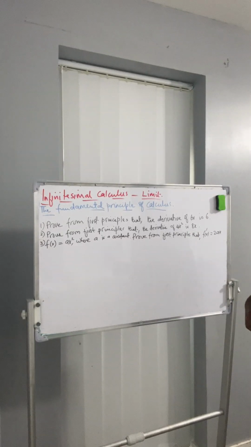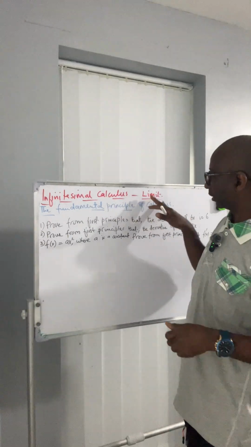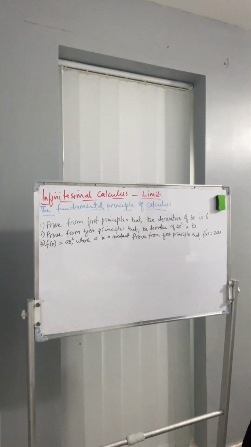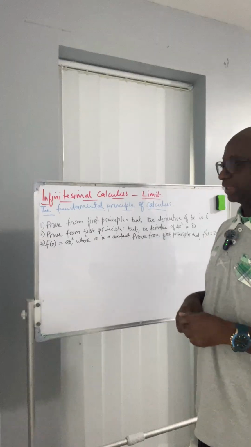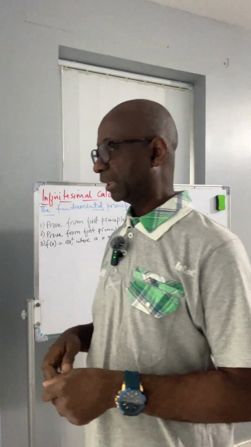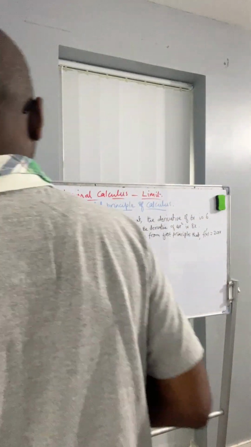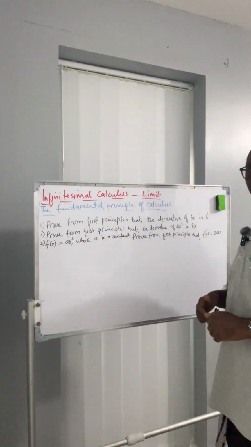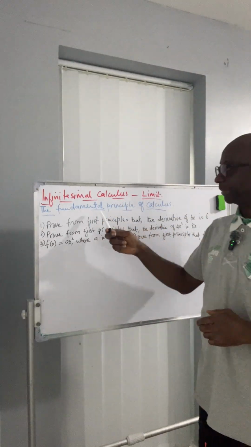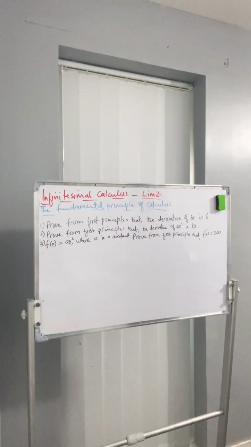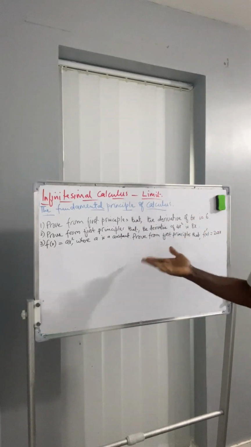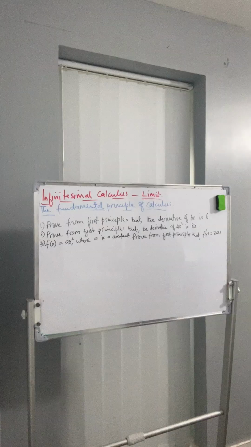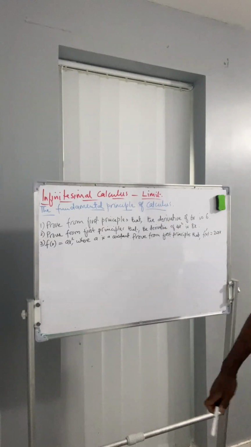That's why when you derive a function for this limit, you arrive at what is called a principle, which is the fundamental principle of calculus. So that is what we are going to apply to solve these three problems.